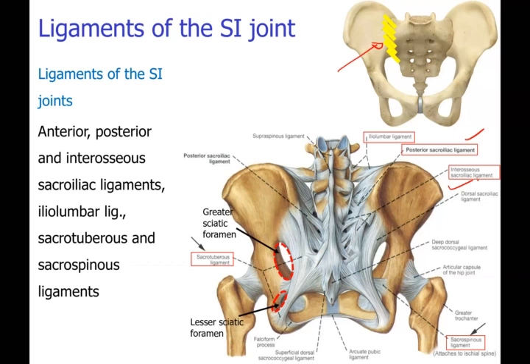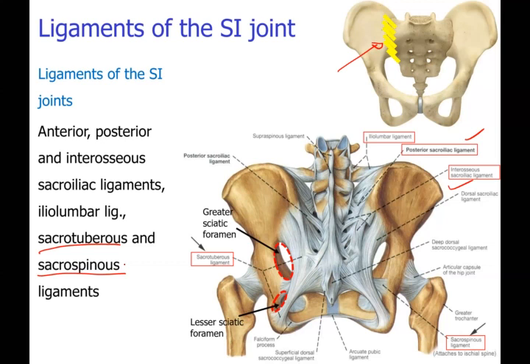Other than that, the other ligaments in the area are the sacrotuberous ligament and the sacrospinous ligament, which is faintly seen here, attached to the ischial spine. These are also important for the stabilization of the sacroiliac joint.